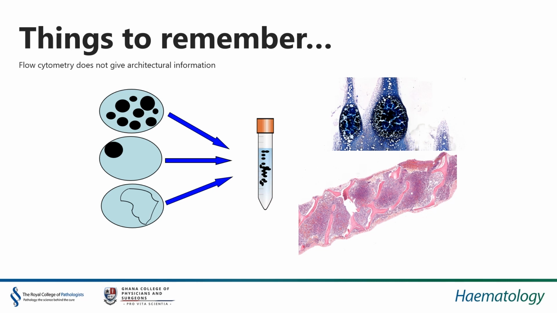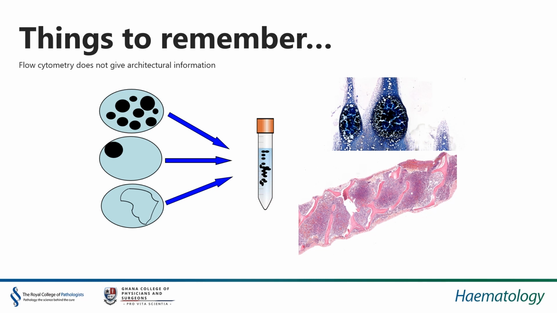So it's very important that we remember that what's in our sample tube over here, those cells might not be what is represented in the bone marrow aspirate smear, but also the trephine biopsy. So when we look at flow cytometry, we remember that it's part of an integrated process. It's part of the bigger puzzle for a patient's diagnostic outcome.